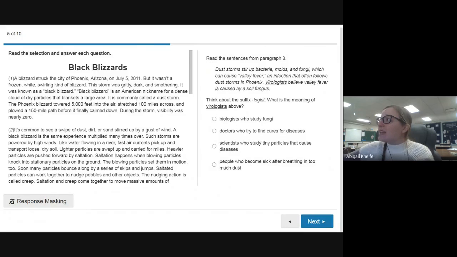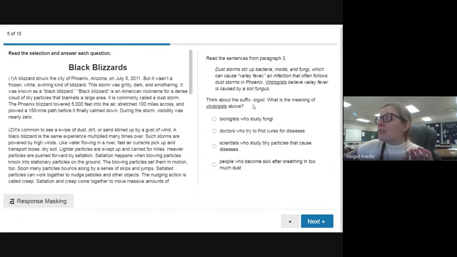Number 5, this is our ologist question from our suffix. So, read the sentence from paragraph 3. Dust storms stir up bacteria, molds, and fungi, which can cause valley fever, an infection that often follows dust storms in Phoenix. Virologists believe valley fever is caused by soil fungus.